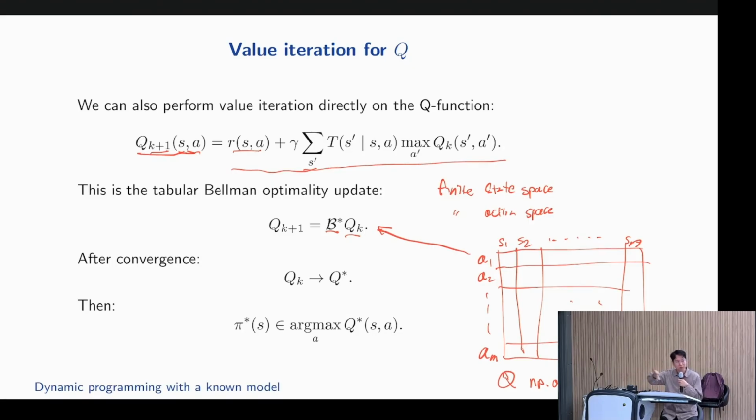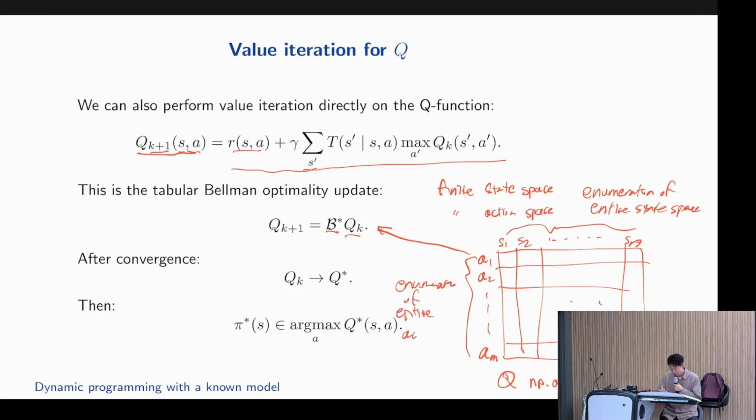Columns represent different states, an enumeration of the entire state space, and an enumeration of the entire action space. So you have this Q table. You apply some operator, which is doing this dynamic programming, and the next version of the array is Q_k and Q_k+1.